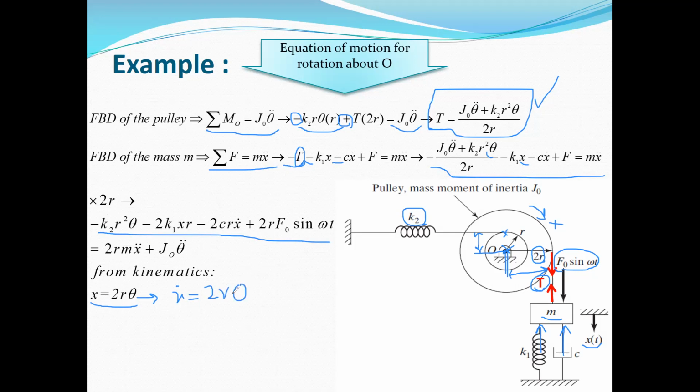So x dot is 2r theta dot, and also x double dot is equal to 2r theta double dot. And conversely, theta dot is equal to x dot divided by 2r, or theta double dot is equal to x double dot divided by 2r. So it's up to you which one you prefer, and then you can find the equation of motion as a function of x or theta. So it's up to you.